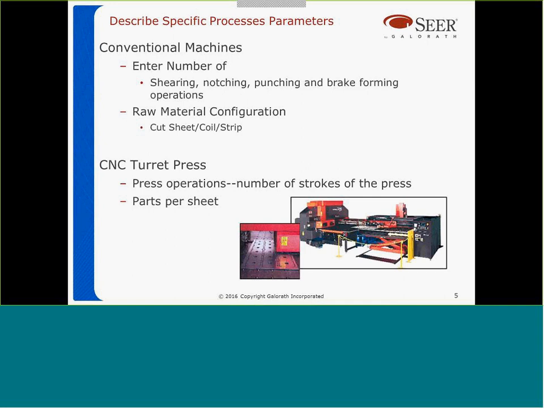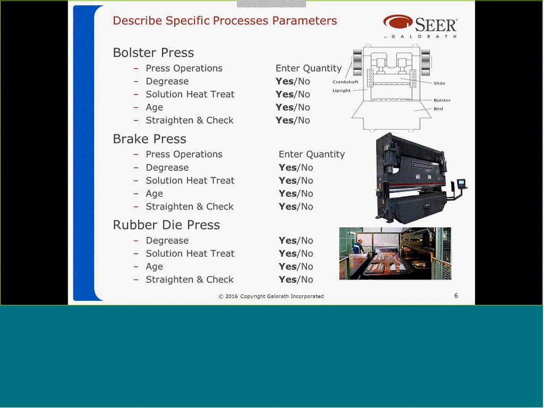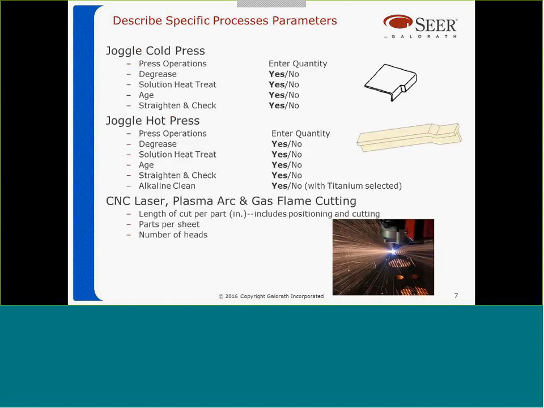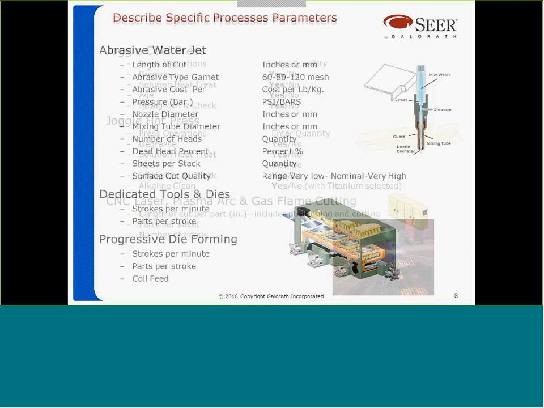You can do forming operations and finish operations based on templates that we've built off a forming operation or a type of part. So machines, CNC turret press, bolt and rubber presses are available, as well as joggle, hot and cold, plasma arc, and gas flame cutting are all available to the user.